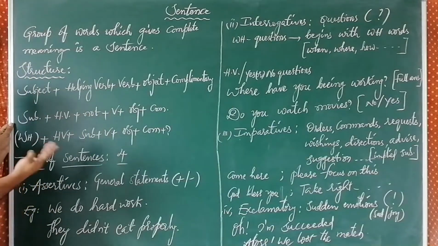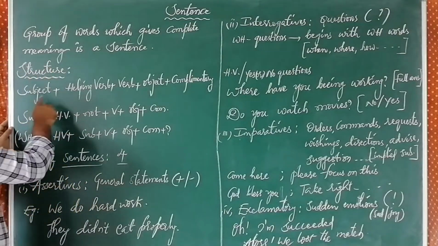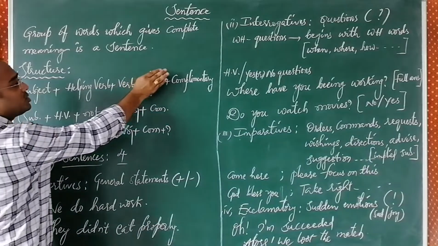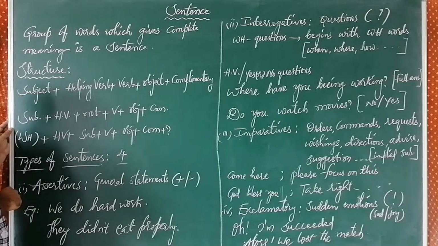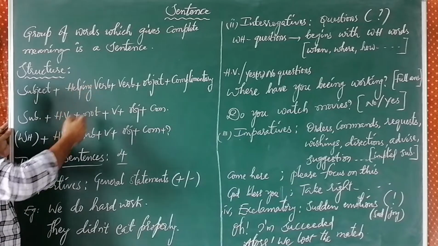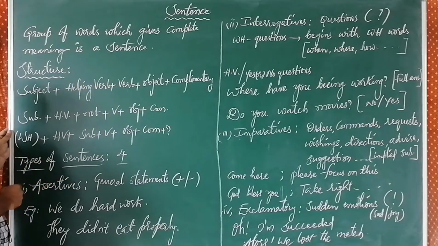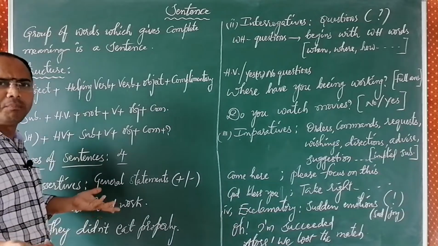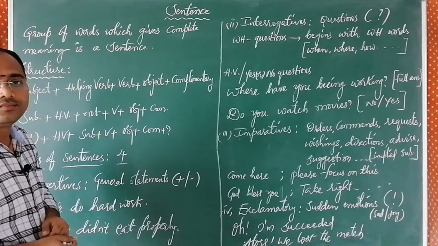This is the order. Of course, sometimes there would be no complementary in the sentence: We are playing cricket. Sometimes there would be no object also: We are playing. And sometimes there would be no helping verb also: We play. And sometimes there would be no subject also. Someone asks you, what are you doing? Playing.